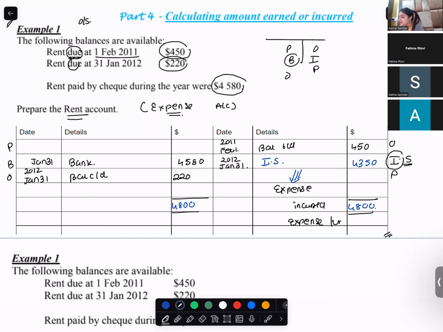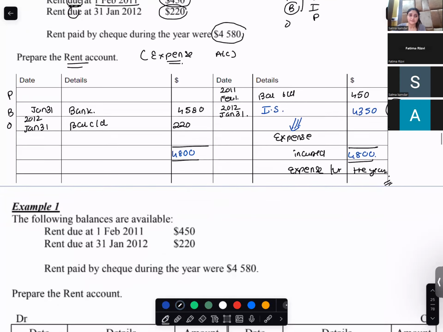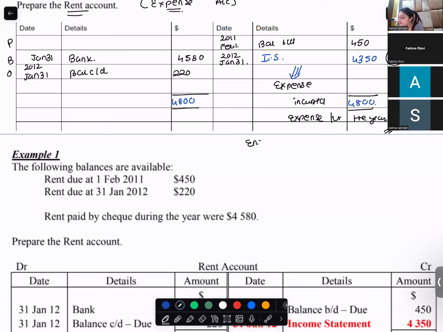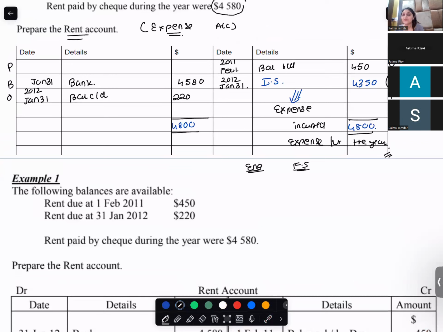Are you with me, Fatima? Your question is, what do you mean by income earned or expense incurred? At the end of every year, we prepare our financial statements. In them, we need to write our other income or other expenses. I can pay expenses for 5 years, I can pay money in advance for 5 years. But what is my actual expenditure for the year?